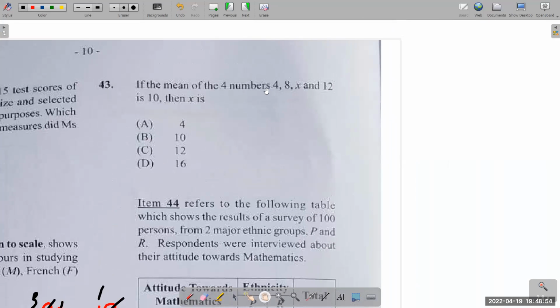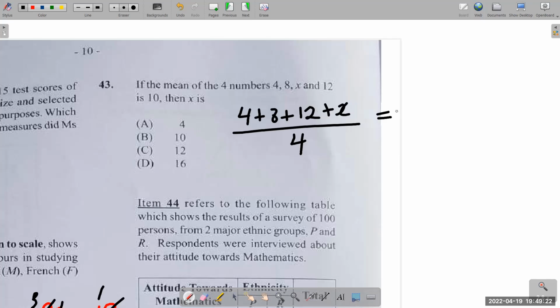If the mean of 4 numbers, 4, 8, x and 12 is 10, then x is what? How do we do that? Let's work it out and see. Let's transpose. 4 plus 8 plus 12 plus x over, what would it be over? 1, 2, 3, 4 numbers in it.